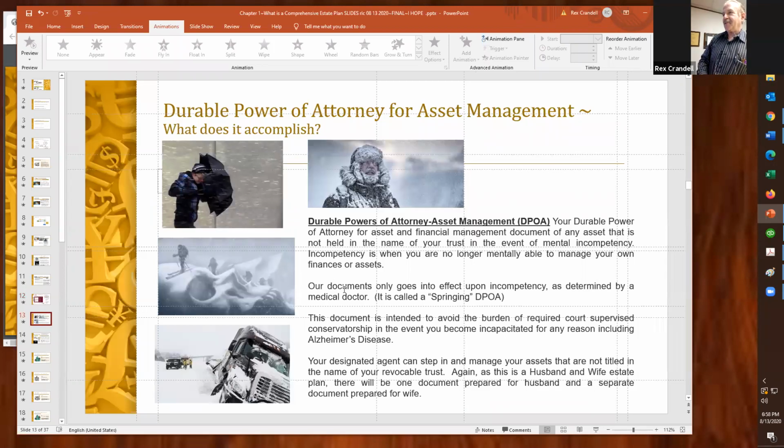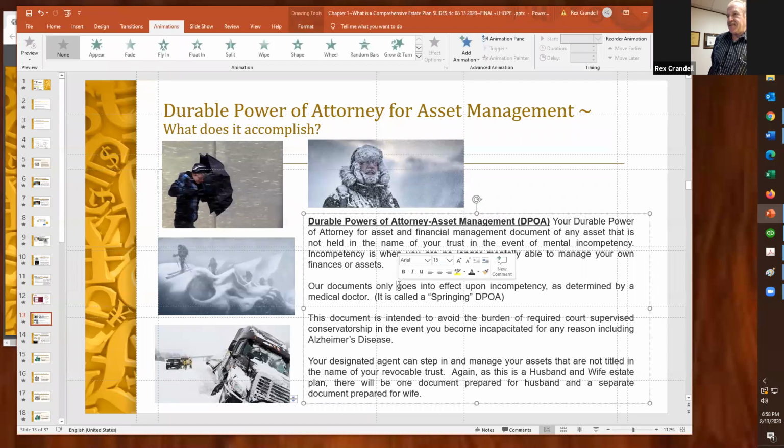Okay, the durable power of attorney. We're talking about a document that only becomes effective on incapacity in my case. The word durable means it survives incapacity. Normally, when somebody's incapacitated, they can't contract.